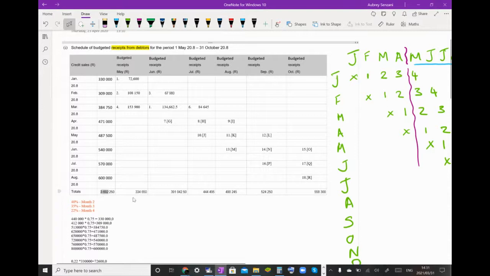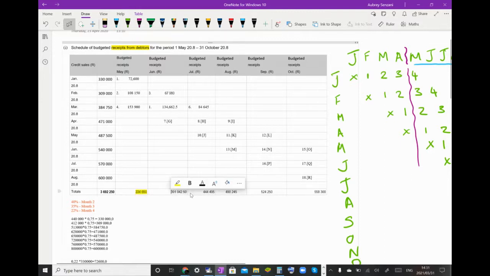So this now informs us of how much we've sold, how much credit sales we've made during the period from January to August. And here we then know this is how much money we can expect to come in during the month of May.